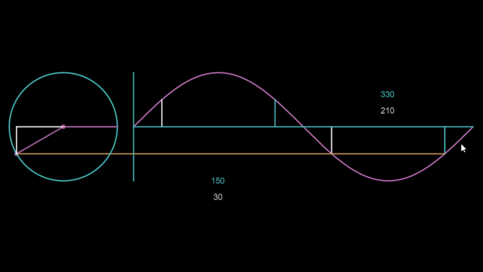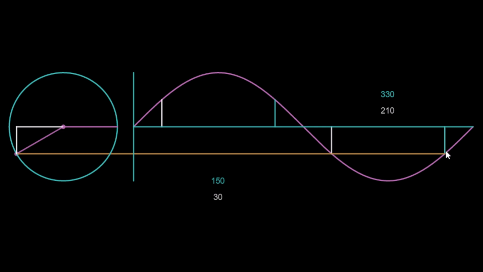But because of the symmetry of this, we can see that this shape here is exactly the same as this shape here. The only difference is that the negative values here will become the positive values here. And I've put in the two positive values, and we can see the angles for the two positive values here. One is 30 degrees and the other is 150 degrees.